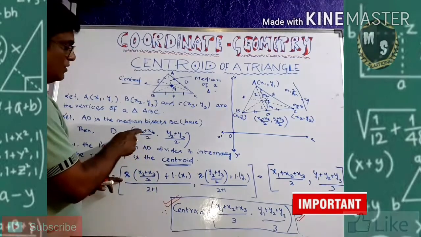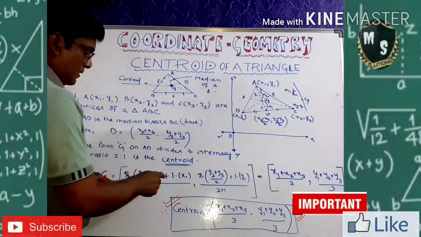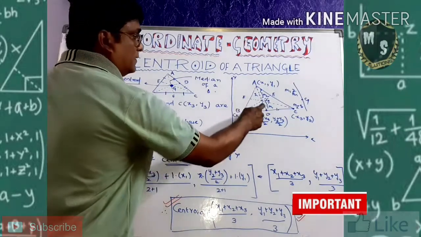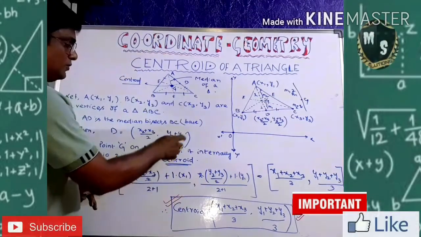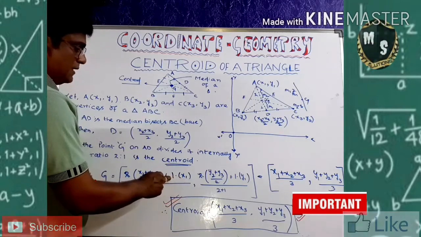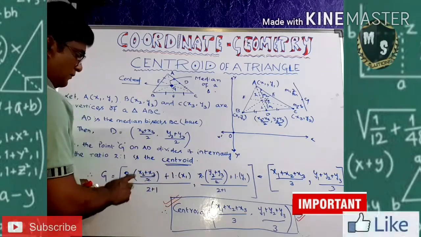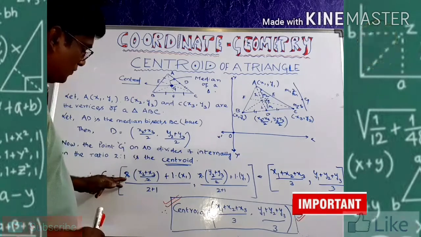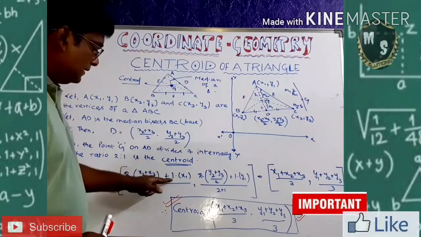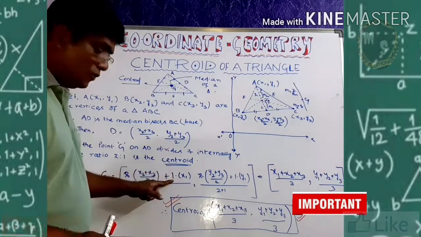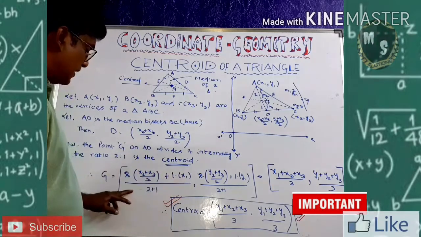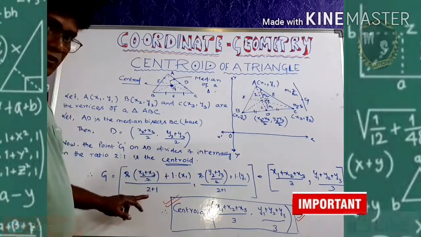It is the midpoint (x2 plus x3) by 2, plus m2, and m2 is 1, into x1, by m1 plus m2, that is 2 plus 1.